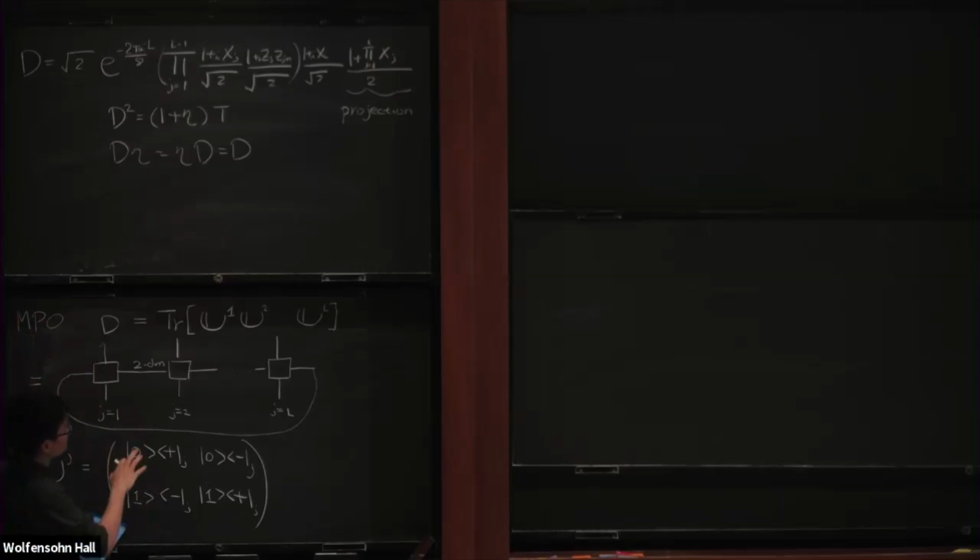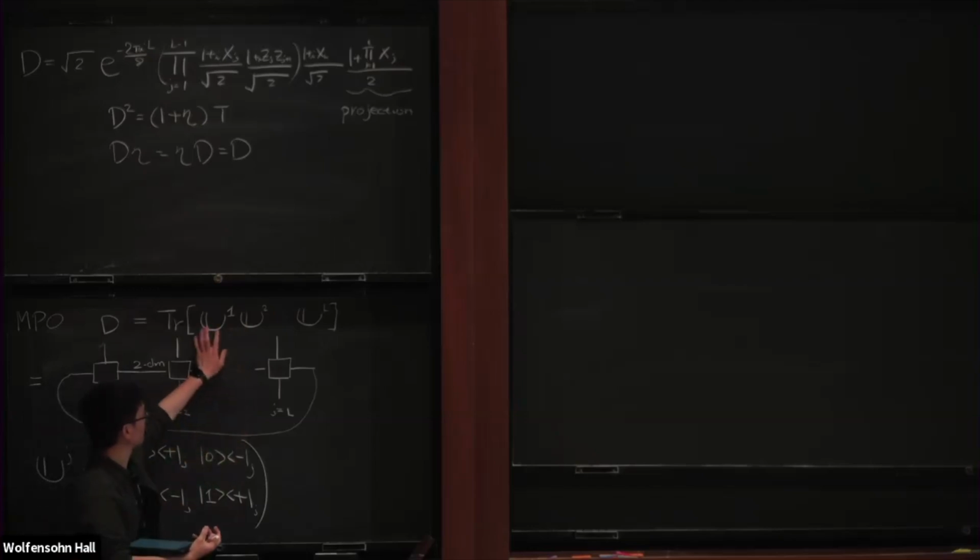But apart from reasoning from the continuum, there's no clear reason why you would like to put the root 2. But from this expression, it's more natural that you only rescale this operator by rescaling the individual local factor. So maybe you want to rescale your U by a factor of 7.